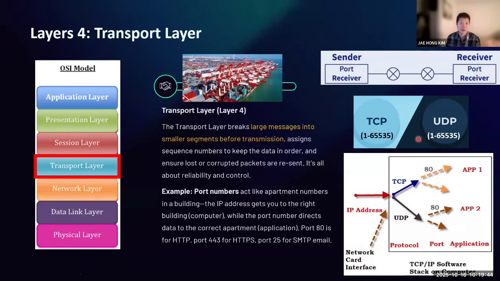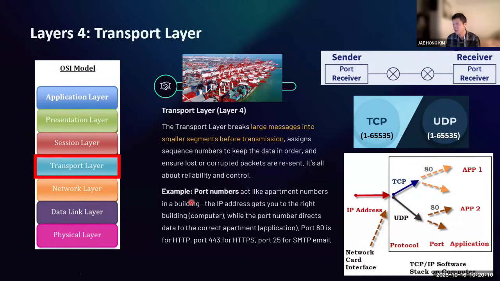All applications communicate with other applications based on port numbers. Port numbers act like apartment numbers in a building. It is like your phone number, which should be unique, right? In the world, only one number belongs to you. Like your home address, it belongs to you and should be unique.